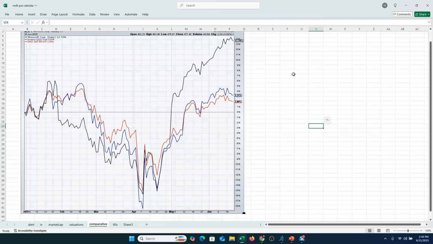So I expect Microsoft to certainly start to revert back to the mean and be a relative underperformer to both the NASDAQ and the SPYs over the coming months. The trees don't grow to the sky forever, and certainly this is the case of that. So Microsoft is getting well extended versus the indices that it's the two biggest components of, both the S&P, SPY, and the NASDAQ 100, QQQ.